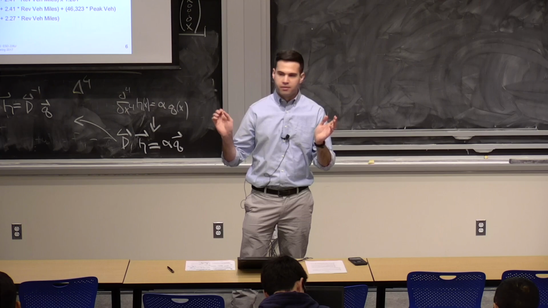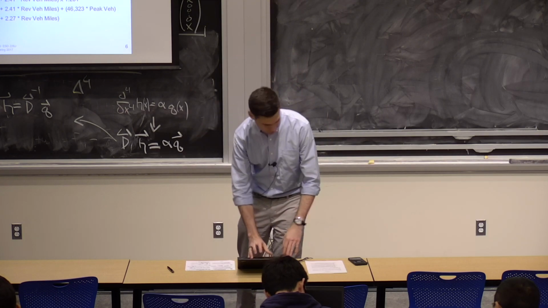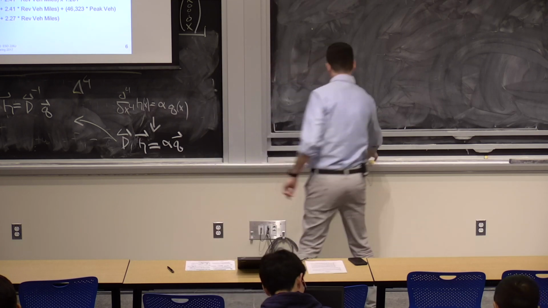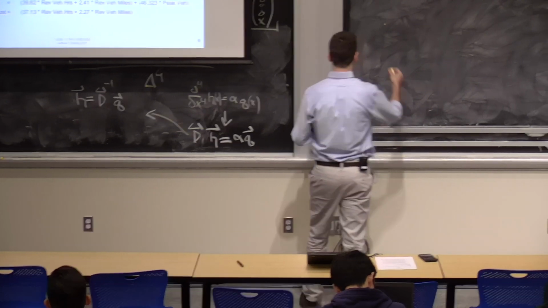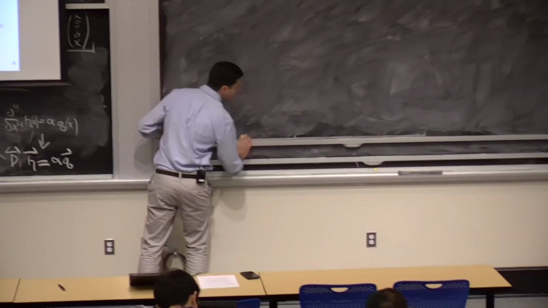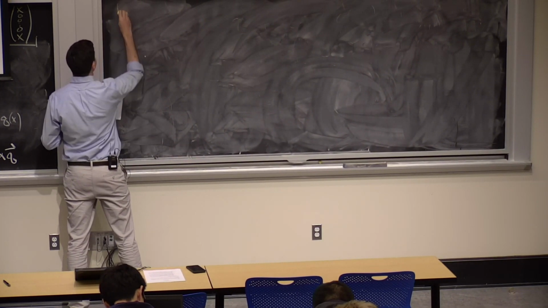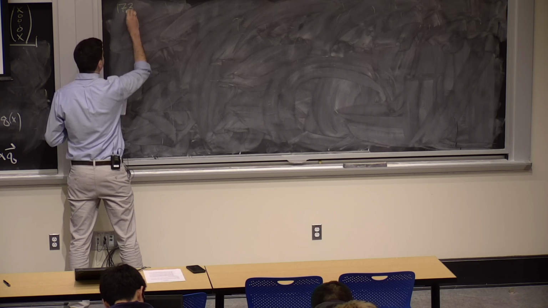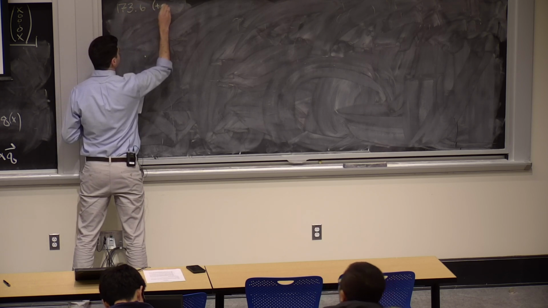Any questions with that approach? So the 1.26 is calculated by doing what? Let me write that down for you. So you have a total of 173.6, and that's a total.